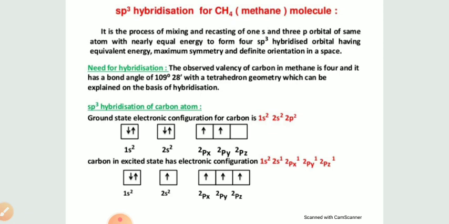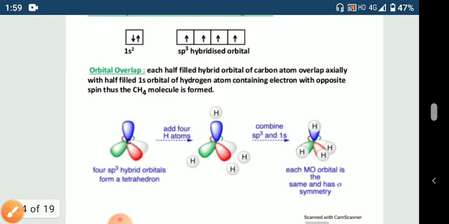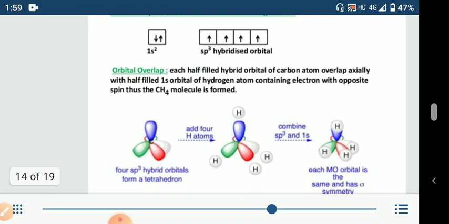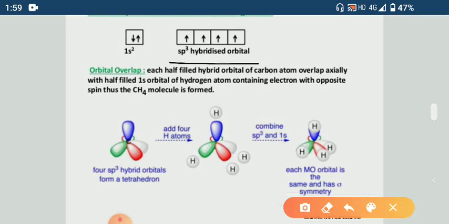First we write again carbon in the ground state, then promote the s electron into the p, resulting in the formation of four sp3 hybridized orbitals.